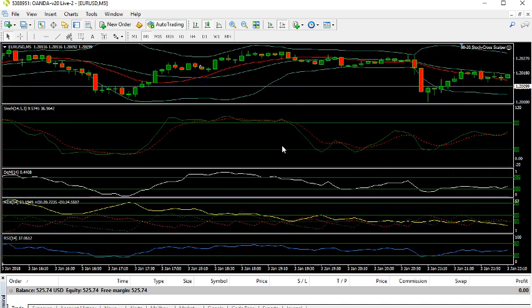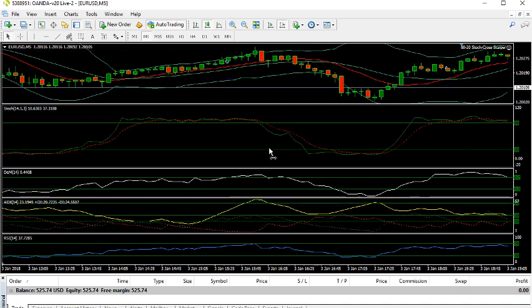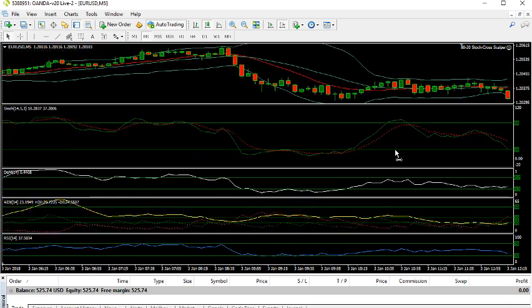Euro US dollar is very good at doing that. Some other currencies are tight, and they never really get above and below the 80 and 20 line, but Euro US dollar is absolutely beautiful in trading this philosophy.